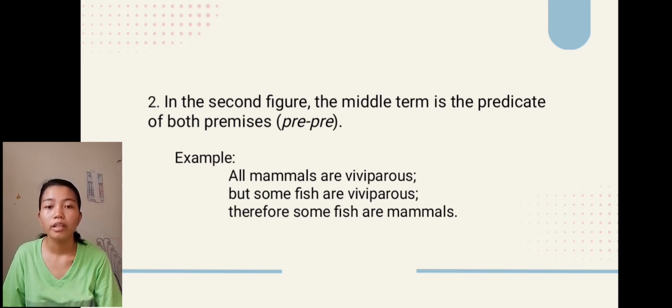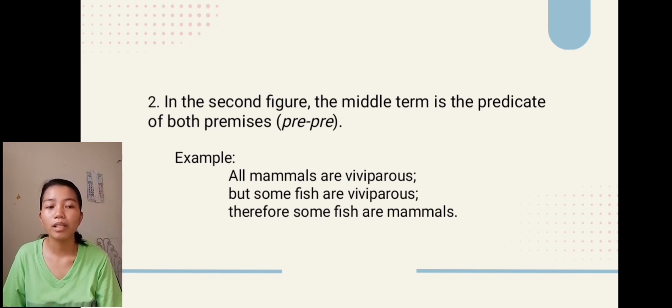In conclusion, only the universal negative and particular negative, E and O, are present. The rules in the second figure: first, one premise must be negative to avoid the fallacy of undistributed middle term. And second, the major premise must be universal, otherwise a violation of illicit major term will be committed.